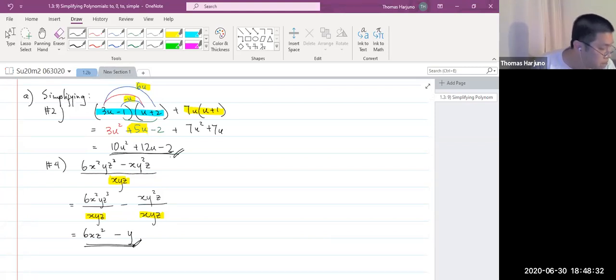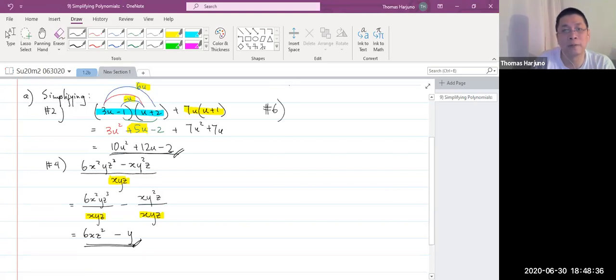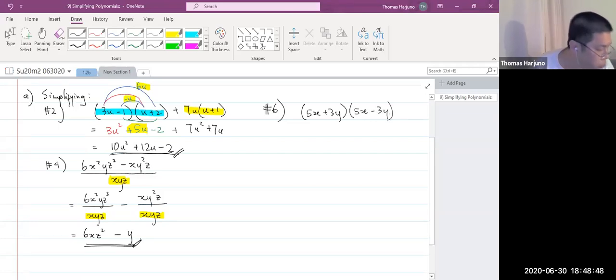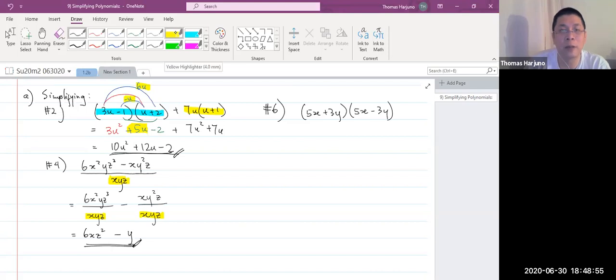Okay. Now, number 6. We see (5x plus 3y)(5x minus 3y). Now, of course, you can just FOIL this. However, in this case, you see we have some pattern. We have 5x plus 3y times 5x minus 3y.